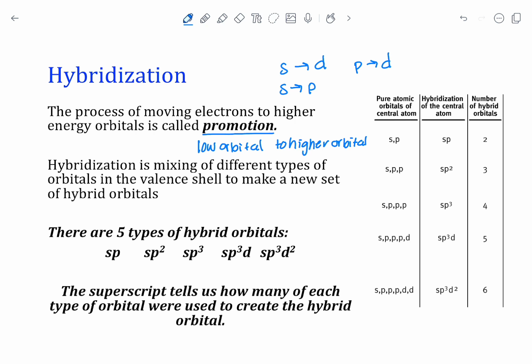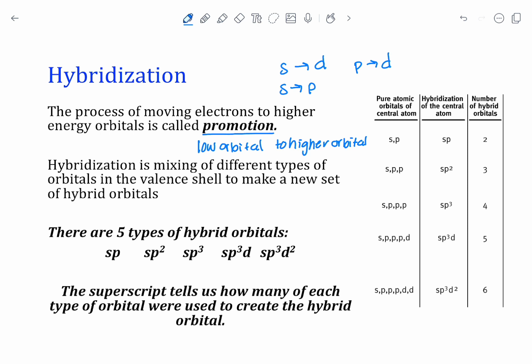So hybridization itself is the mixing of different types of orbitals in the valence shell to make a new set of hybrid orbitals. Since we're starting to move these electrons around, the orbitals all have to look alike. And we know that an s orbital and a p orbital don't look alike. A p orbital and a d orbital don't look alike either. So they mix together to make a hybrid orbital.